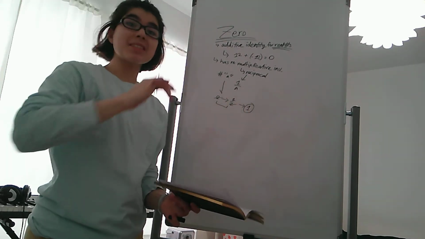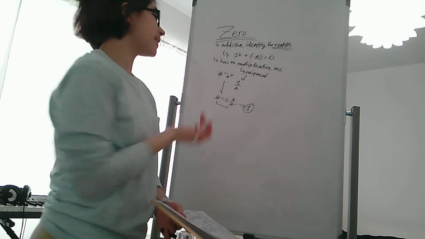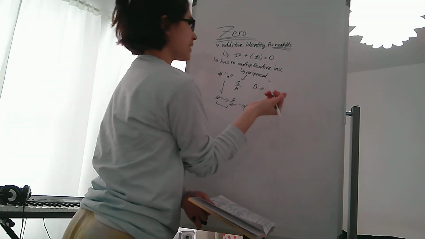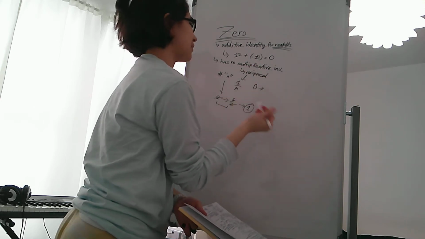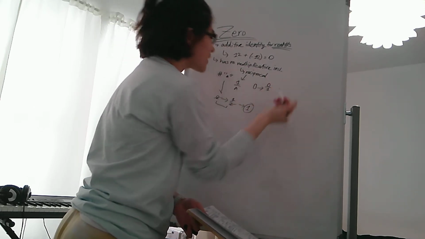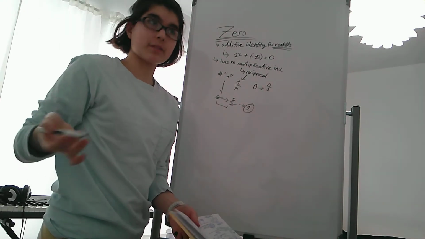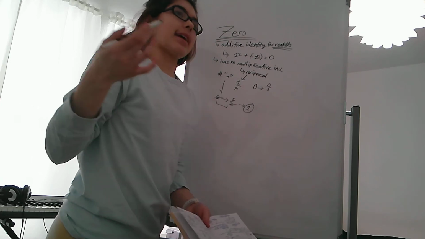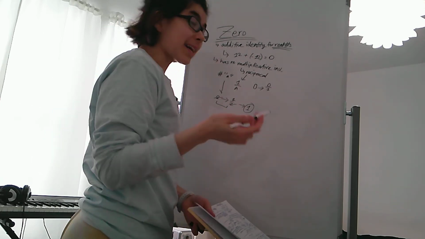But 0 does not have a multiplicative inverse, because think about it. If we have 0 and you try to take its inverse, okay, let's say, I don't know, 0 over 1, I guess I could say, because 0 itself is a rational number, so I can write it as a quotient of integers, correct?